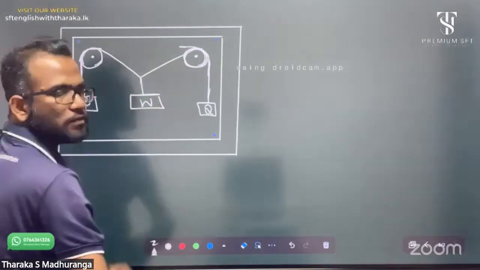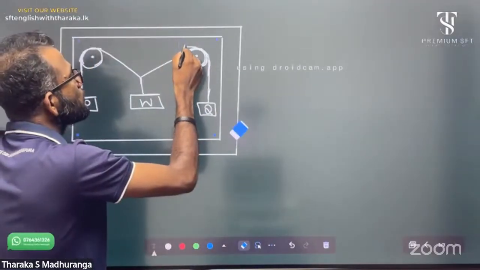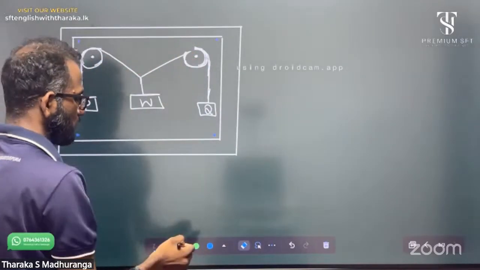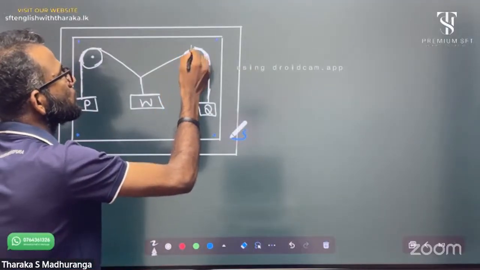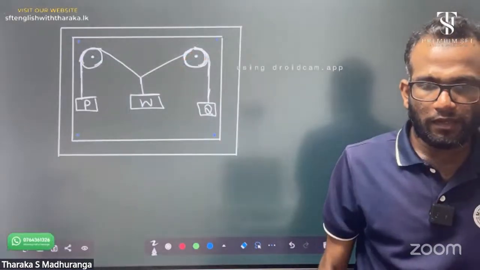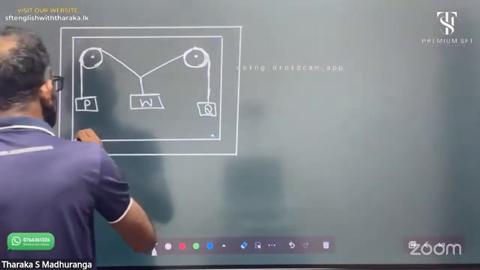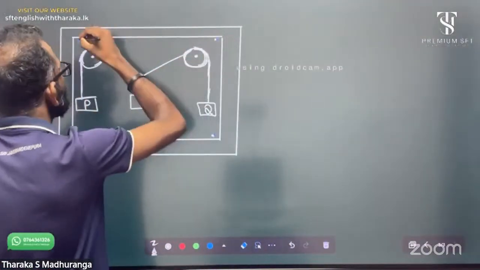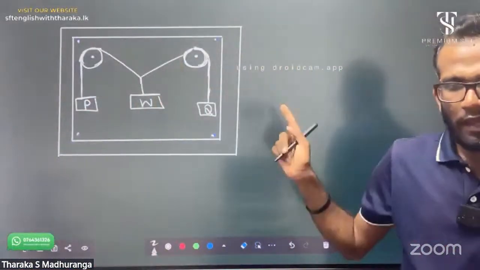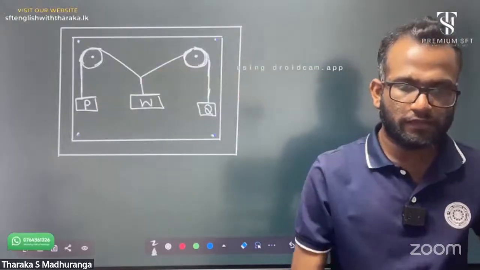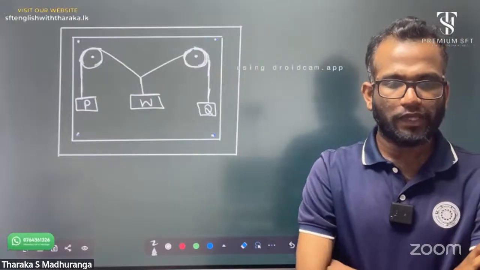Think it is W. Okay, this is the story. First clip the white color paper, connect it with drawing pins, connect two pulleys, and hang 3 masses like this. These are the 4 parts of the system. Up to now okay?